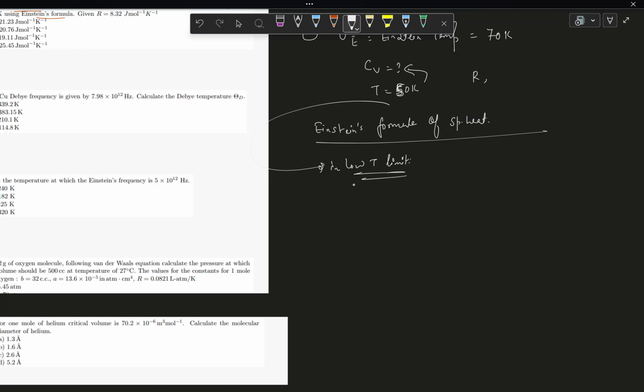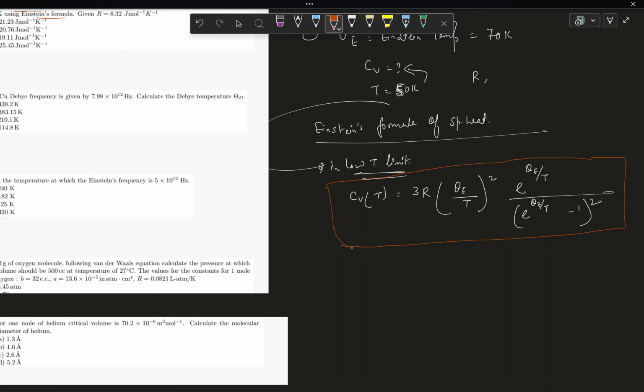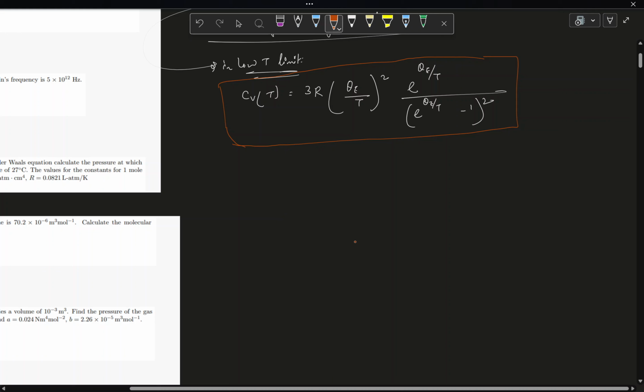So in the low temperature limit, CV is equal to 3R times theta E by T whole squared, into e to the power of theta E by T, divided by e to the power of theta E by T minus 1 whole squared. This is the expression that you have to use.